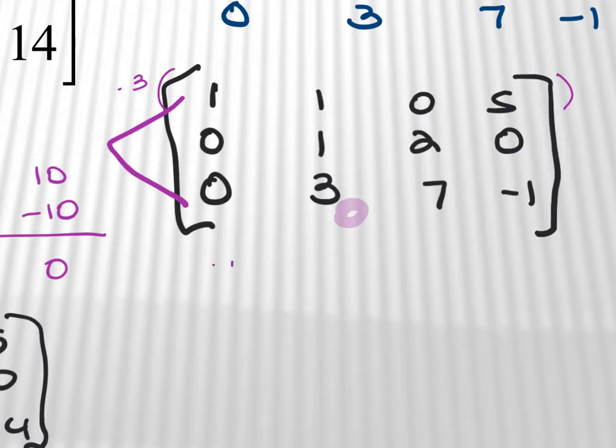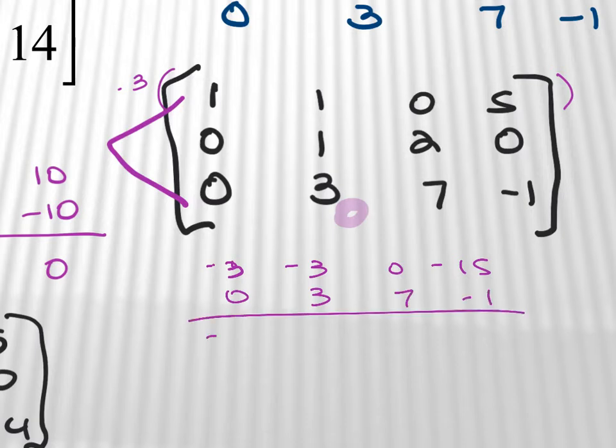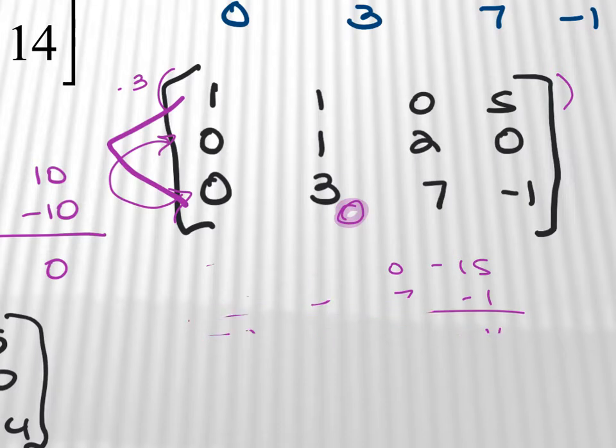If I do -3, 0, -15 plus 0, 3, 7, -1, I lost my 0 I just got. So when you go to find this last 0, you have to use row 3 and row 2. You cannot use row 1. Does that make sense? Okay. Otherwise, you lose what you just went to find.